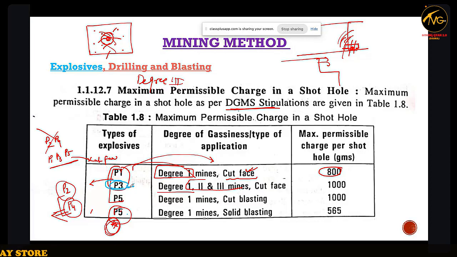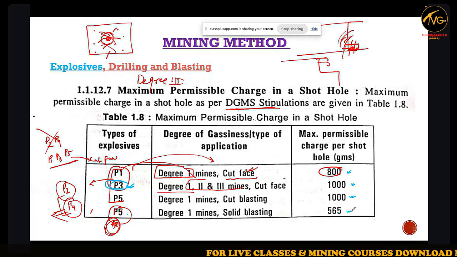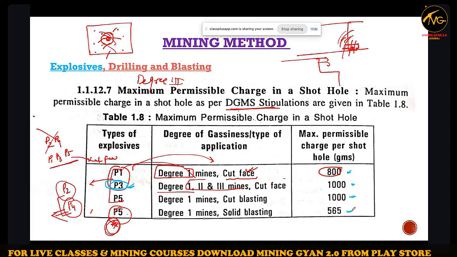And the maximum permissible charges: P1 uses 800 gram, P3 uses 1000 gram, P5 565 gram. ठीक है, P1 P3 P5 we use in cut face, but for solid blasting we use only P5. For degree 1, degree 2, degree 3 we only use P3.